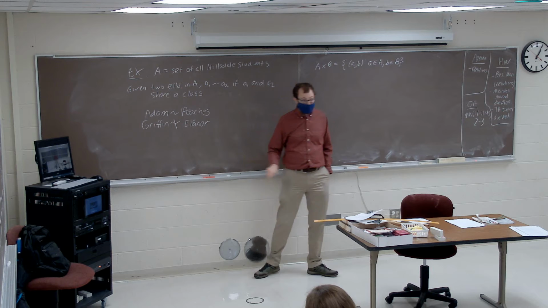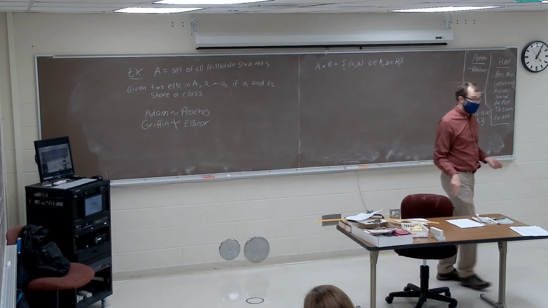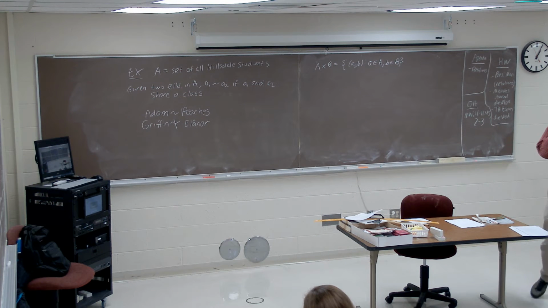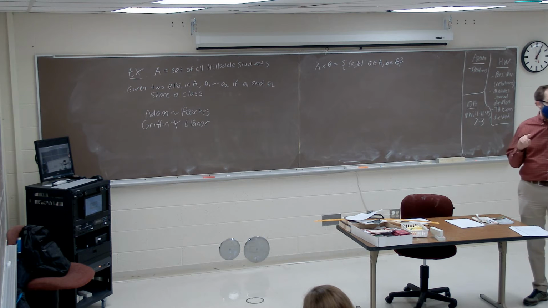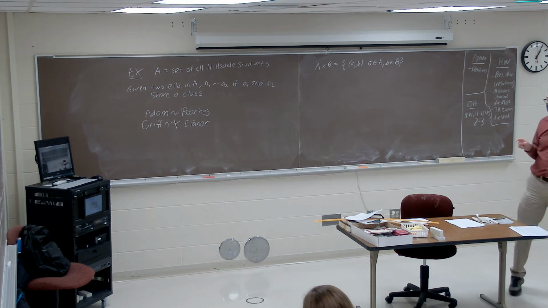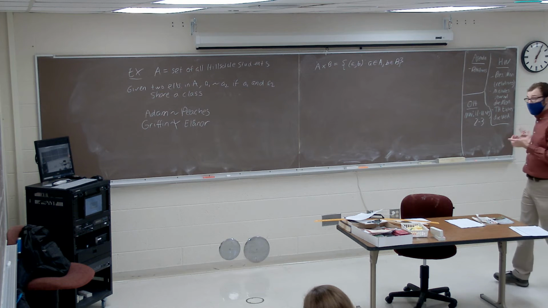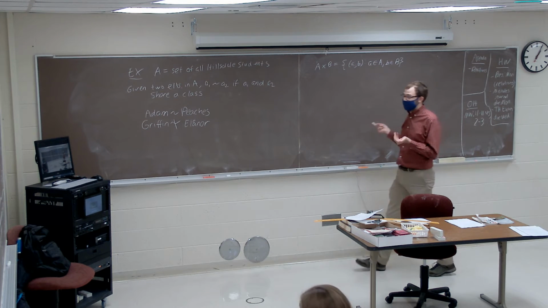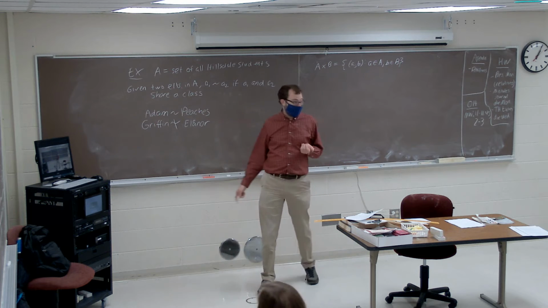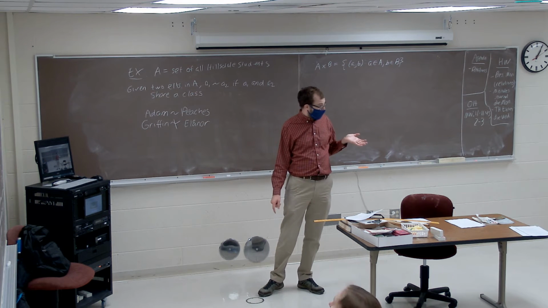Groovy. And so the idea behind a relation is given two elements in the set, you could say they're either related under your definition. In this case, Adam is related to Peaches because they satisfy together the condition that they share a class. Whereas Griffin and Eleanor are not related to each other because they have no classes in common.